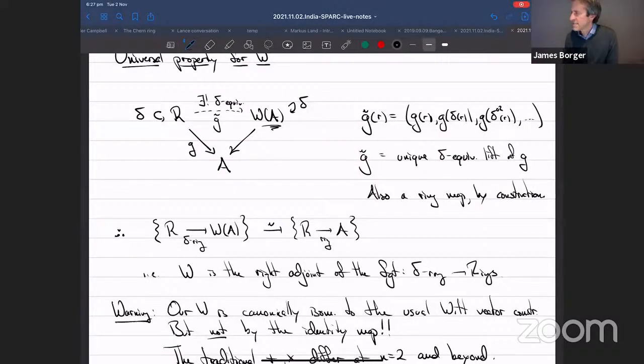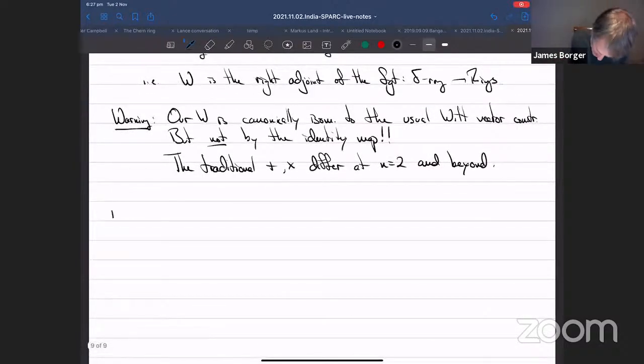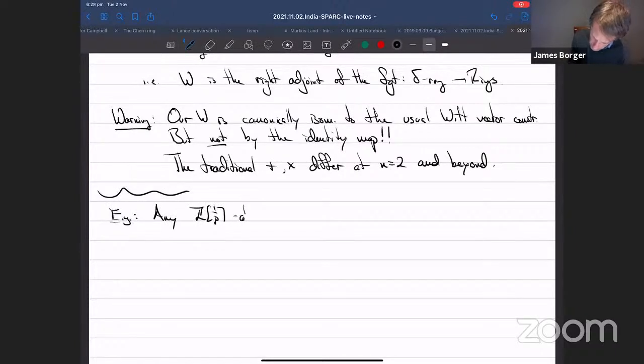So I guess, if p is invertible, okay, so any Z adjoin 1 over p algebra R has a delta structure, and then you can just take the Frobenius lift to be the identity.